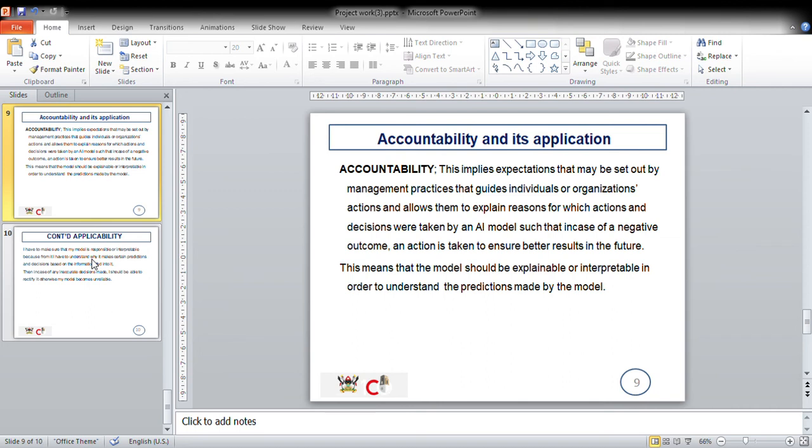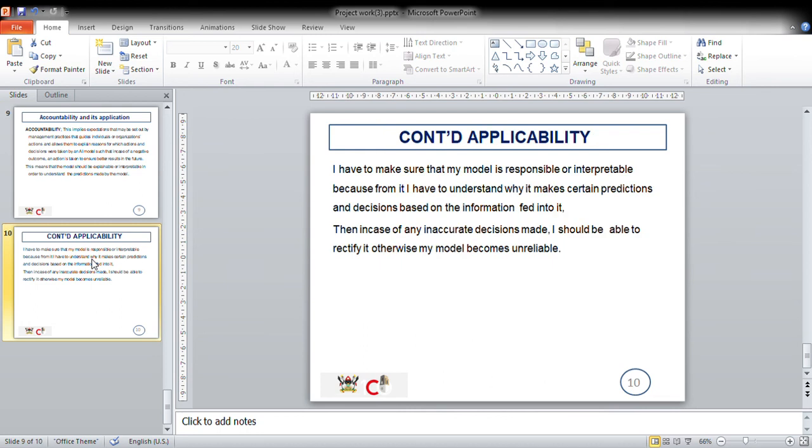Can you explain how the model comes out with that decision that is made? Or maybe in case of any fault, can you rectify the fault? Or maybe the model isn't actually predicting as expected. So can you rectify that problem, which makes your model more reliable?